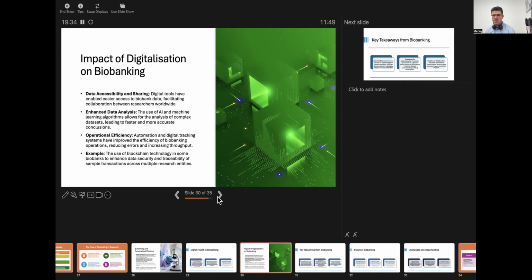Because biobanks have become so data rich, we have a new set of problems. How do we access? How do we share the data? How do we facilitate collaborations? How do we protect those sensitive data from uses that are not legitimate, basically?